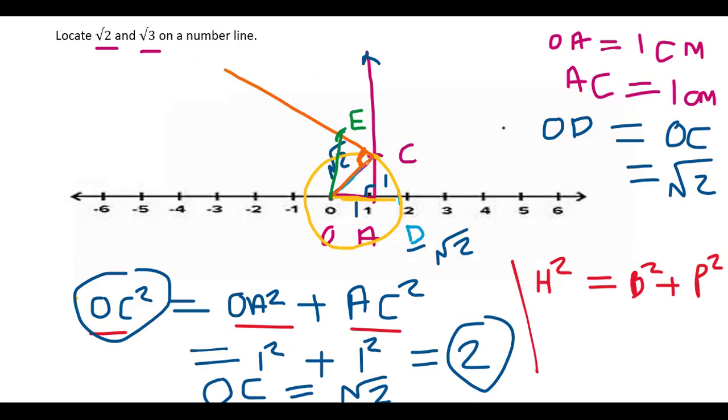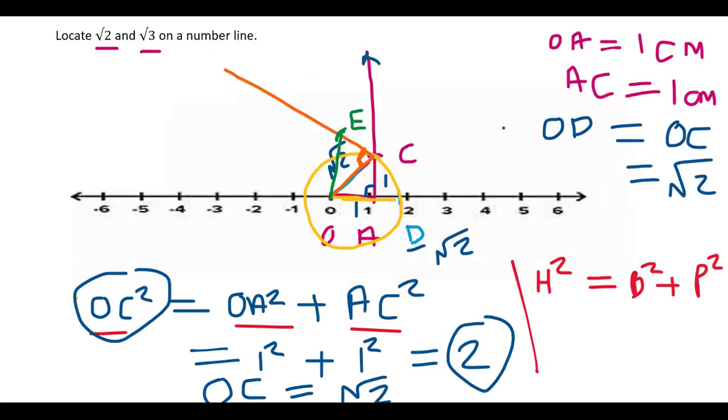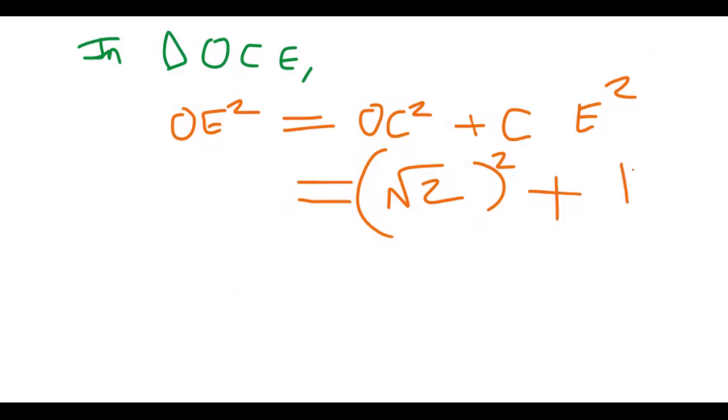OC is equal to root 2. We have already plotted this. So we will have root 2 whole square plus CE. Here I can see CE is equal to 1 centimeter. So we will get 1 square.